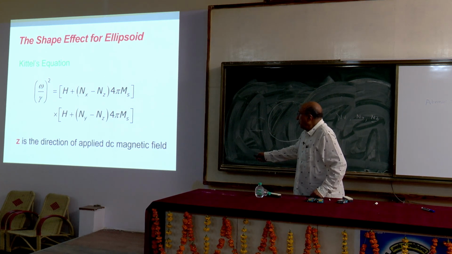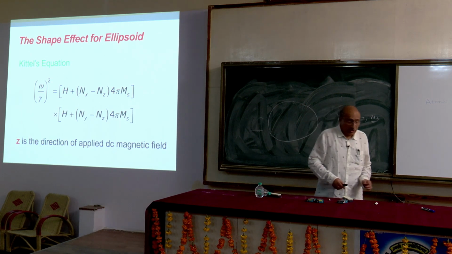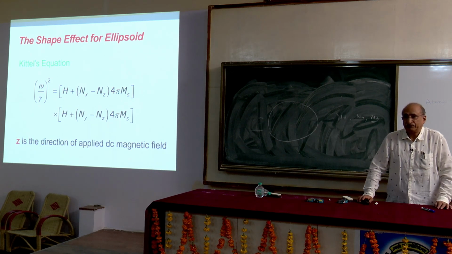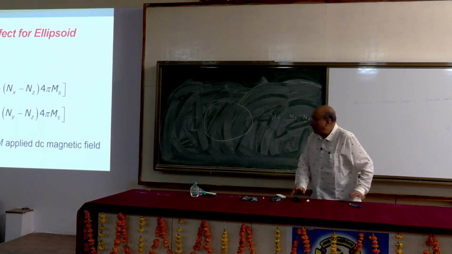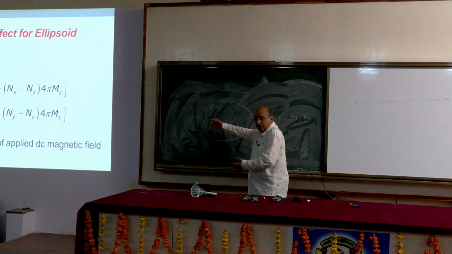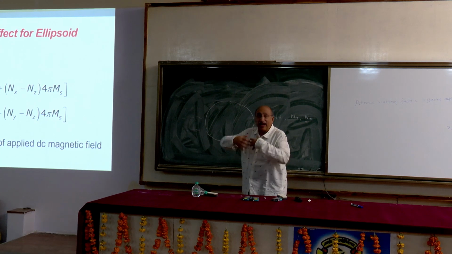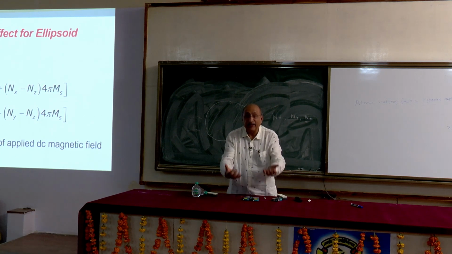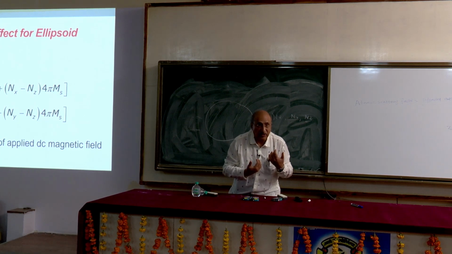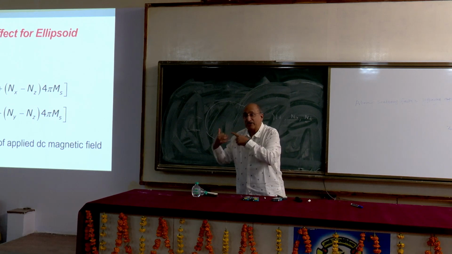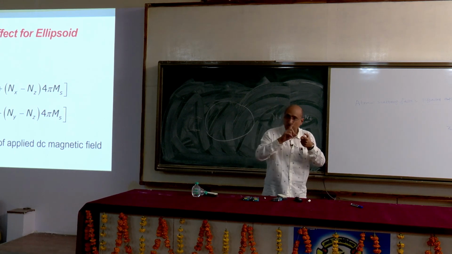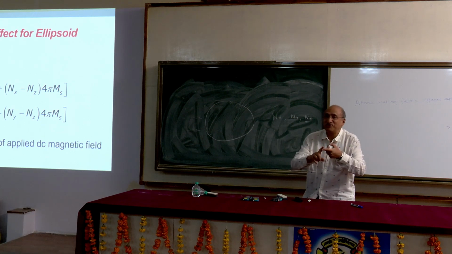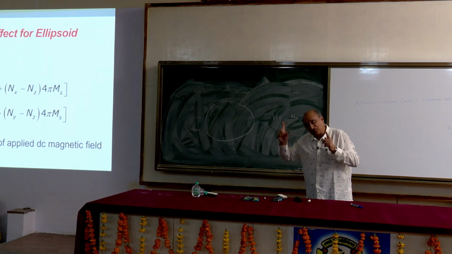So it has omega, gamma, and it also has 4 pi Ms, the saturation magnetization. Why does saturation magnetization appear in this equation? It appears because when you magnetize the sample, it will get magnetized to the 4 pi Ms value, and that is the one which is going to create the demagnetizing field. So this resonance equation depends on 4 pi Ms and also depends on g, and that's what makes it interesting.